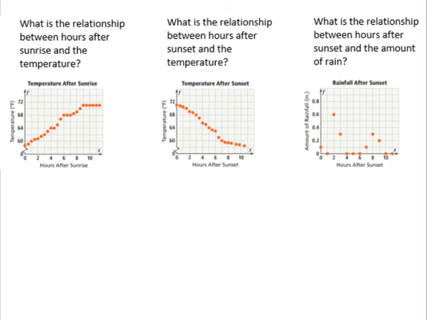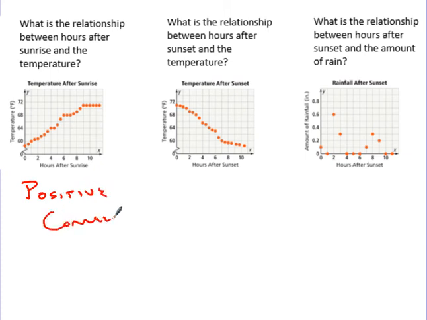What we want to describe is the type of relationship between the amount of hours after sunrise and the temperature. If we notice, the temperature increases as the amount of hours after sunrise increases on this particular scatter plot. So this scatter plot has a positive correlation.